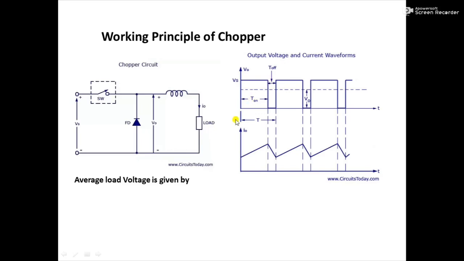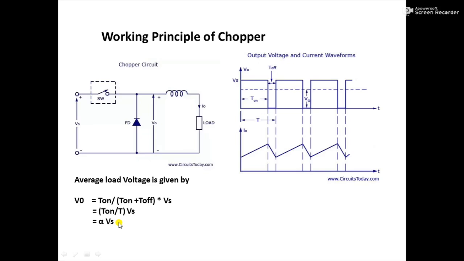For taking the average of load voltage, we have V0, that is output voltage, equal to T on divided by the total time period, which is T on plus T off, multiplied by supply voltage Vs. Now this T on plus T off is substituted as total time period T in this second step, multiplied by Vs. Now this T on divided by T ratio is nothing but the duty cycle, and it is represented as alpha.